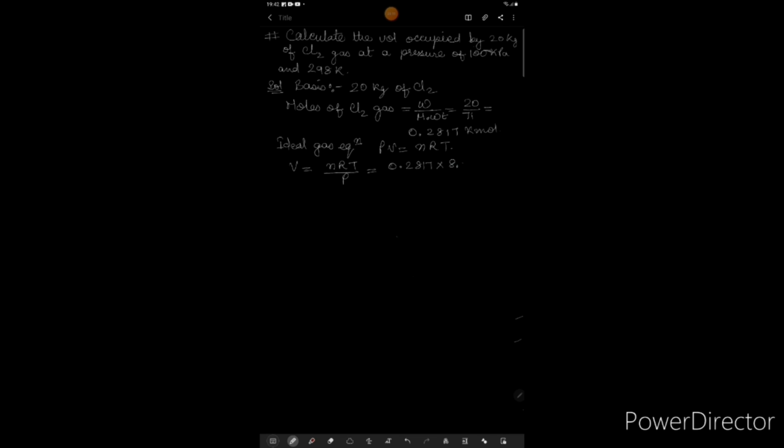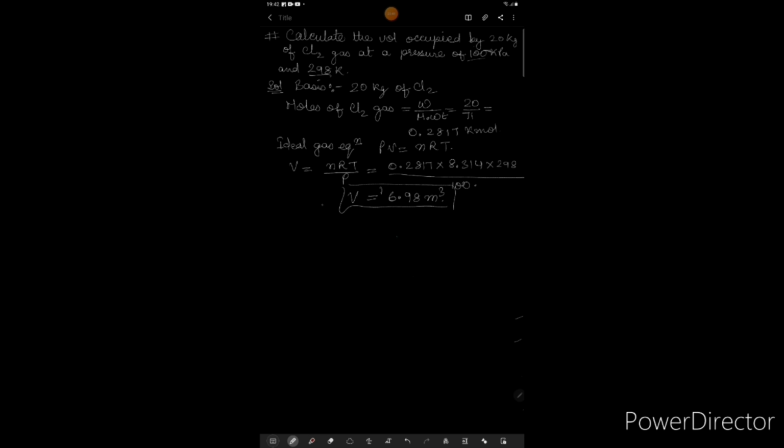R is 8.314 and temperature is this one, 298. Okay, and pressure given is 100 kilopascal, so 100. So we calculate this one and it comes 6.98 meter cube. So volume is this one.